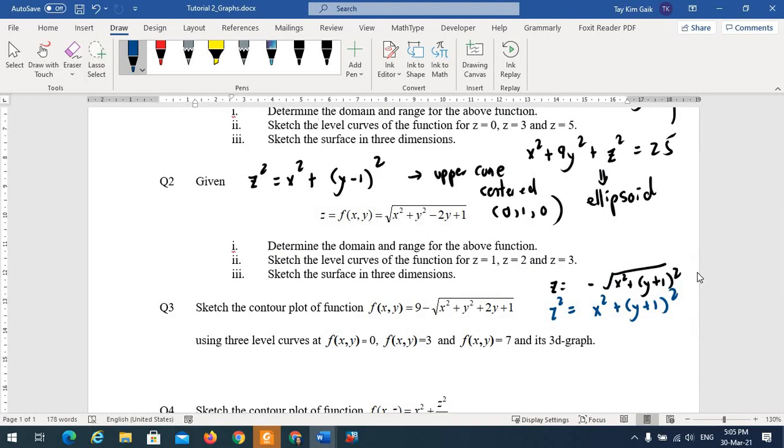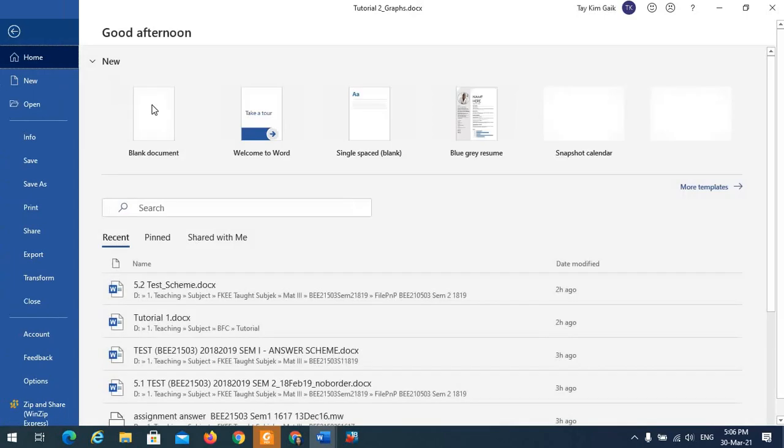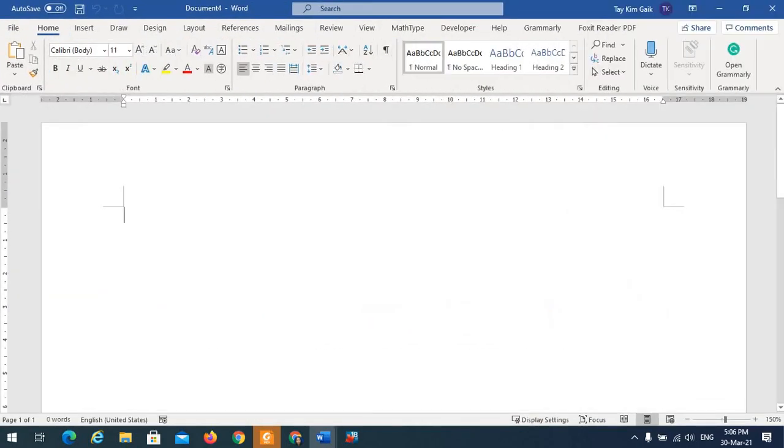If z equals negative the square root of x squared plus (y plus 1) squared... if z squared equals x squared plus y squared, what you have is actually a double cone.